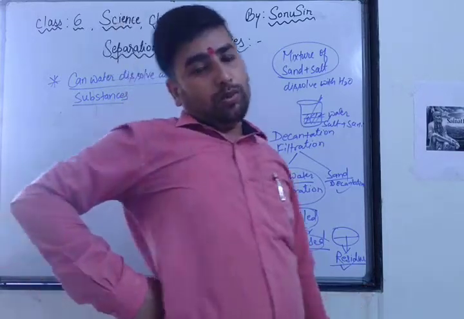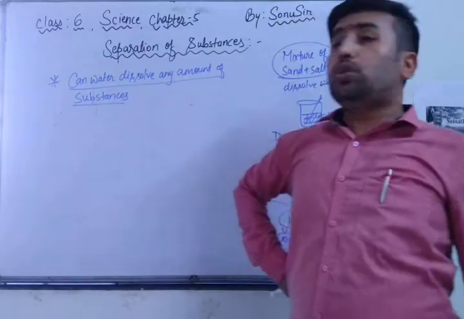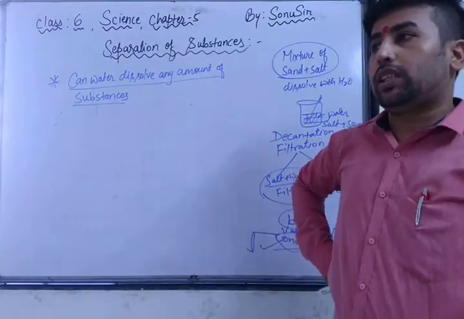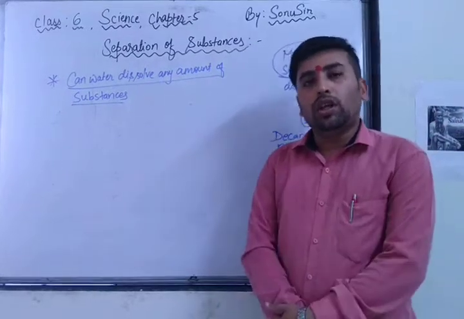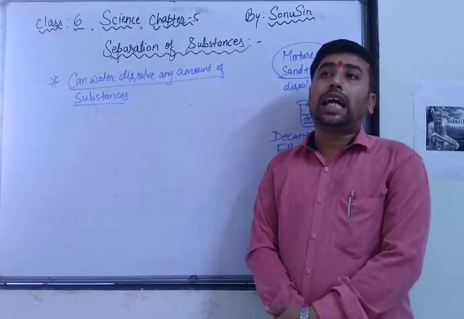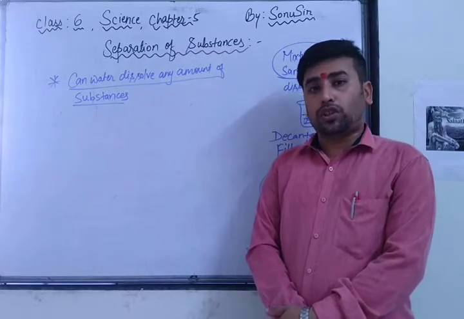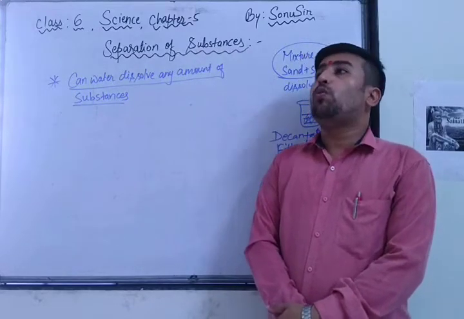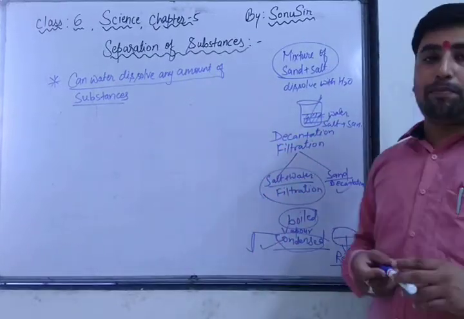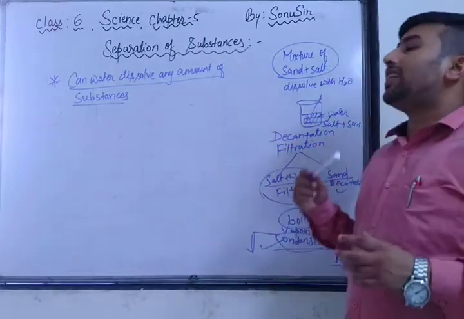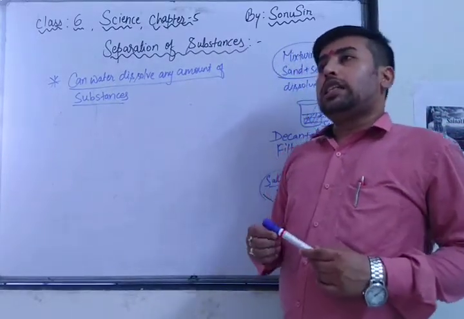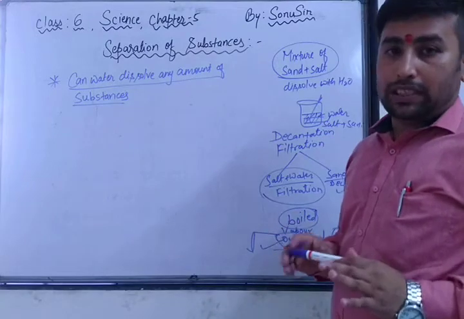No. Because we must know solution is a homogeneous mixture. What do you mean by homogeneous mixture? Homogeneous mixture means a mixture of solute and solvent in a uniform ratio. Whatever the amount, it must be dissolved. It must disappear, right? When the solute disappears, it should not be visible.